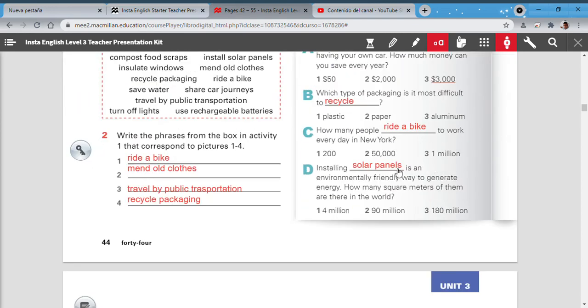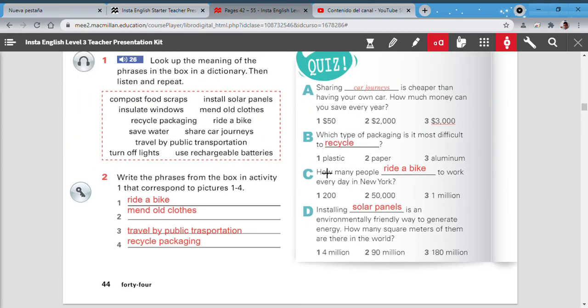For example, here says plastic, paper, or aluminum, no? Aluminum, what's the most difficult? In my opinion, and also the book says the plastic, because people throw out everywhere, no, and you need to pick it up. Plastic. So here the answer is plastic.